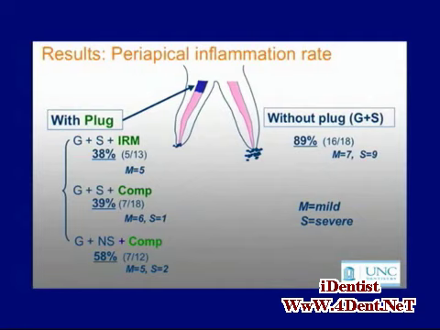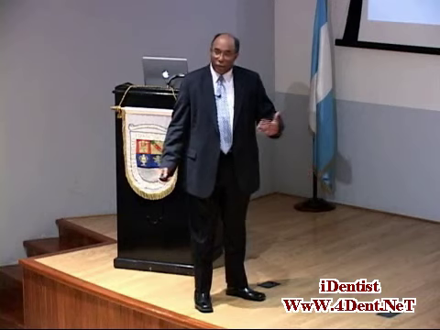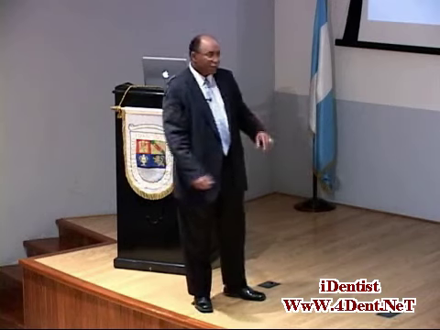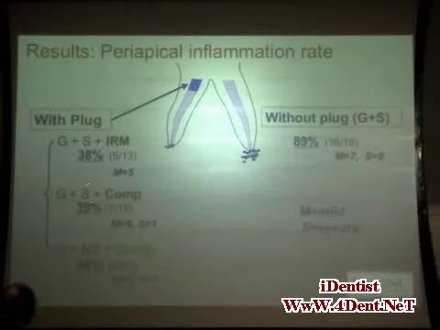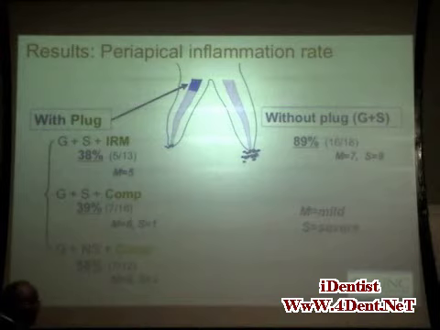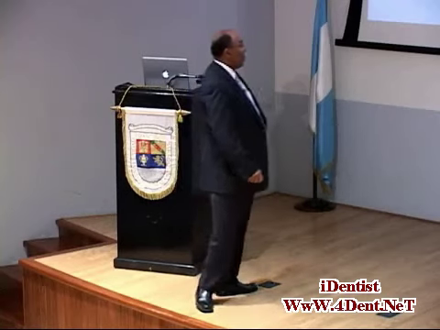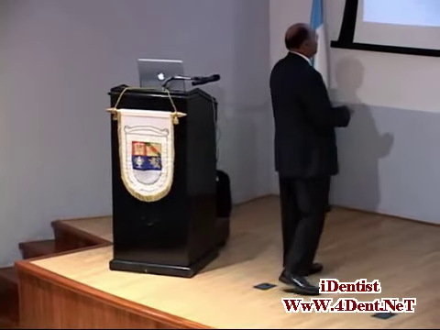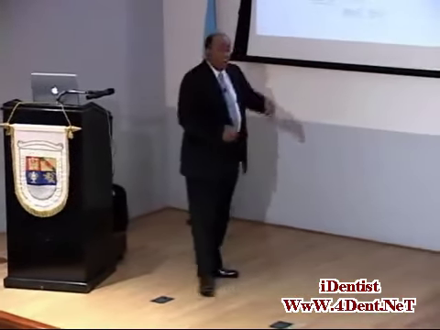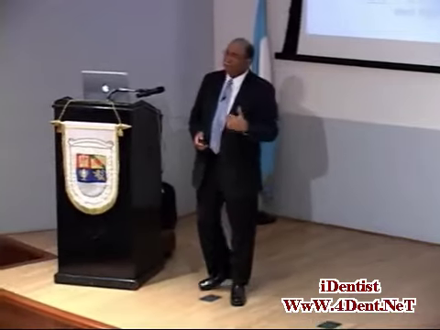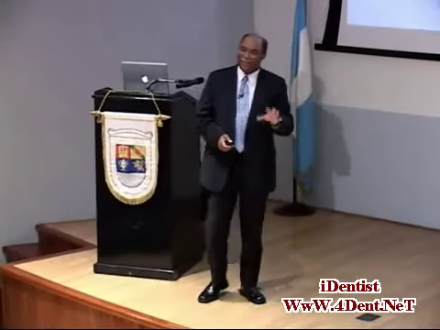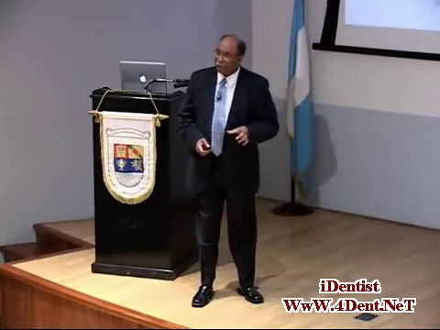I still don't like 38%, but another interesting fact is that with the numbers that were present, very few of them were severe reactions. Okay? So this is what it's like with IRM and composite. It probably doesn't matter what you put in there as long as it's a sealing material.